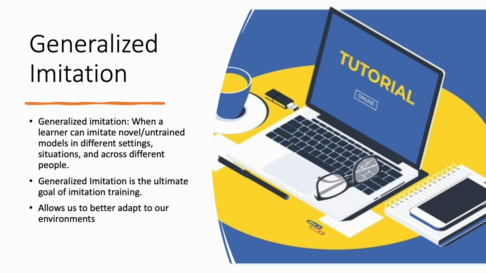These generalized imitative behaviors really do, like I said throughout this entire lecture, allow us to better adapt to all of our environments. Let's say that you walk into a room and you see that everyone is frowning, everyone is sad, and you walk in and you're all giddy and happy, and you don't change your way of being to match that mood, to figure out what's going on.